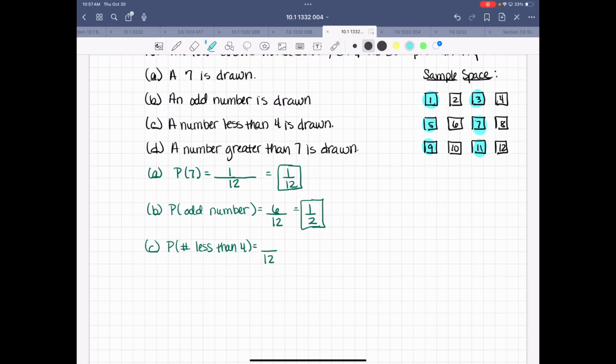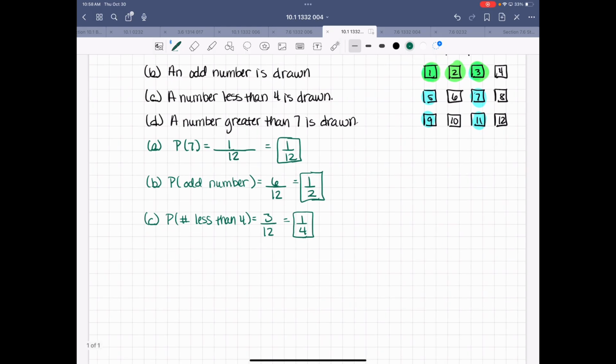I need a number less than 4. So 1, 2, 3. I have 3 chances. 3 out of 12, 1/4 is my probability. You need to make sure that you simplify that fraction. So about a 25% chance of drawing a number less than 4.